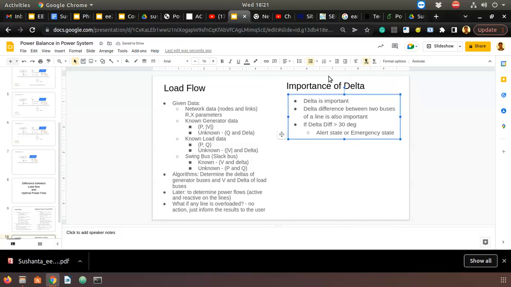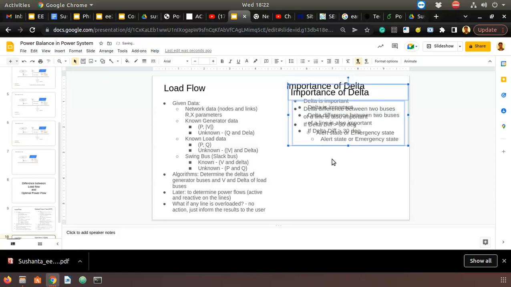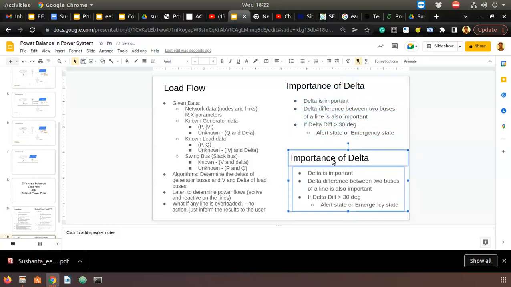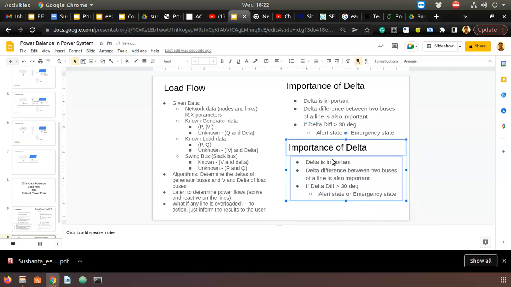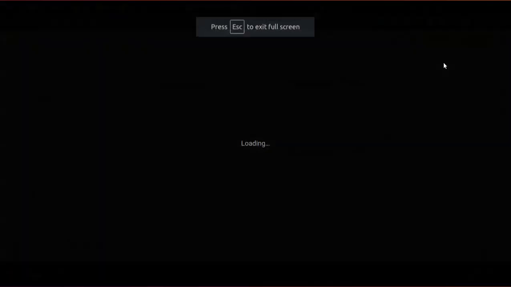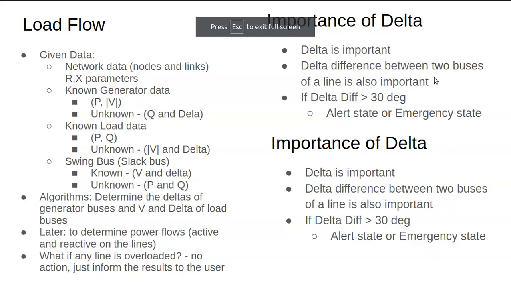Sir, I think the objective of load flow should be knowing the contribution of each and every generator to the load. You already know the losses, generation and load, we can subtract and we know the losses.